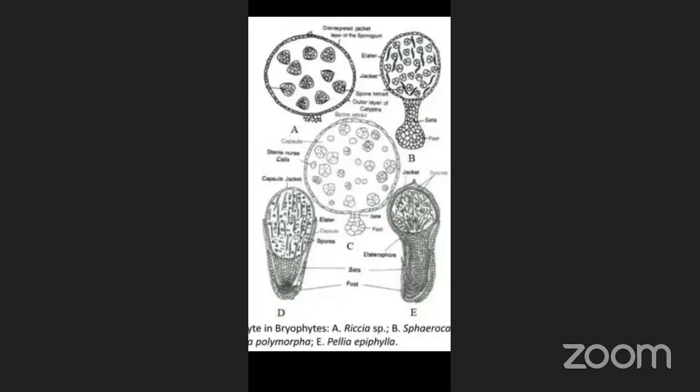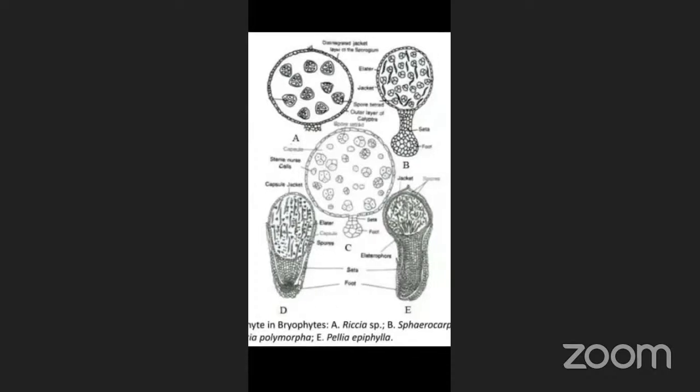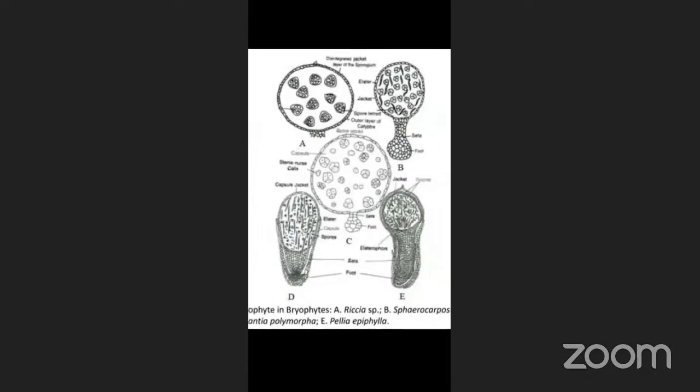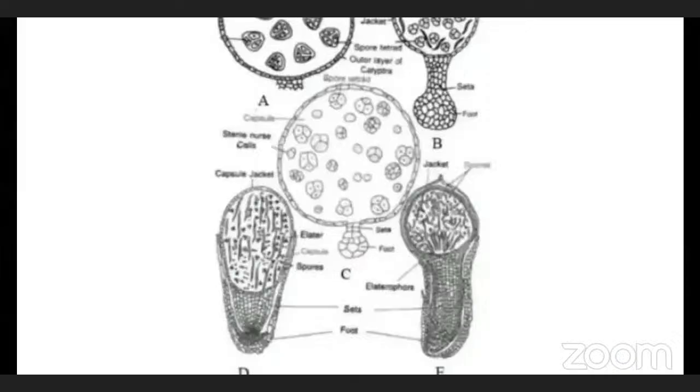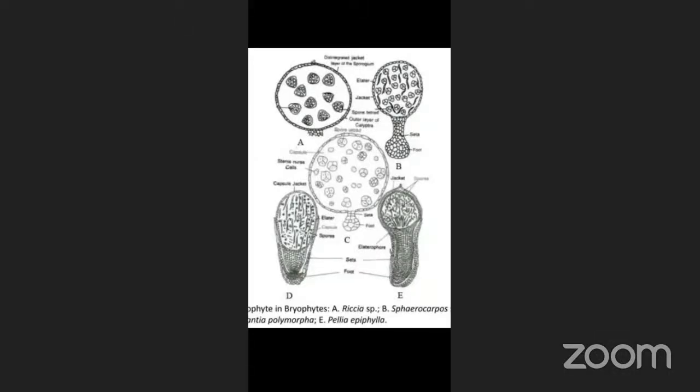So now clear. This is the evolution of sporophyte in bryophytes. Here there are two well marked alternations of generation. We already discussed that in the life cycle of the bryophytes: the gametophytic phase and the sporophytic phase.